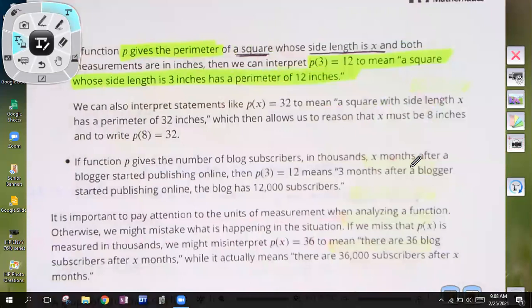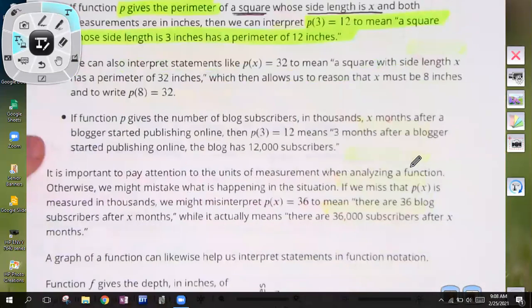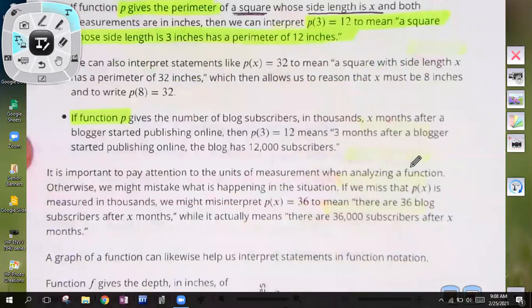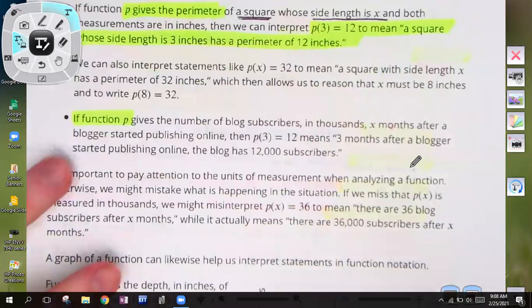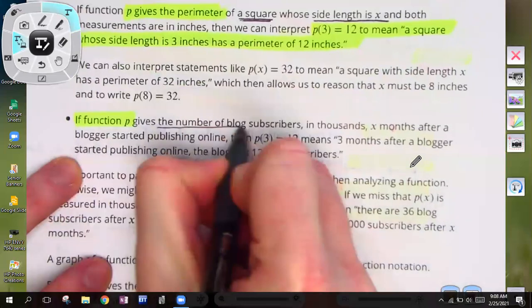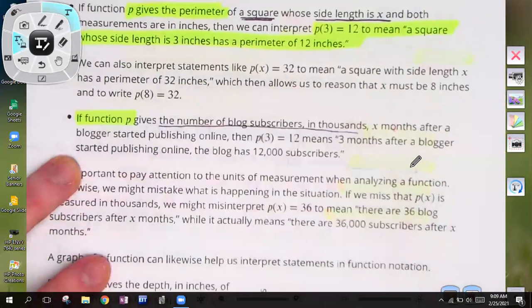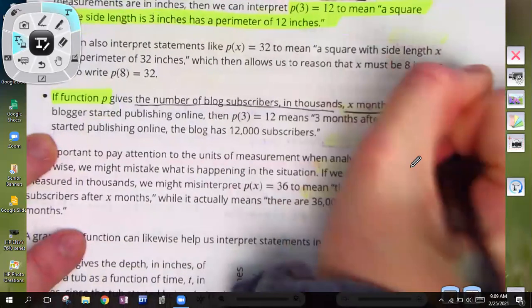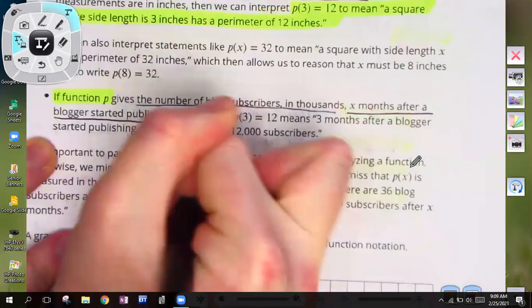All right, going down to the next bullet, we could say, all right, we want function P to give us the number of blog subscribers in thousands, and we want our x, or our input, to be months after a blogger started publishing online.